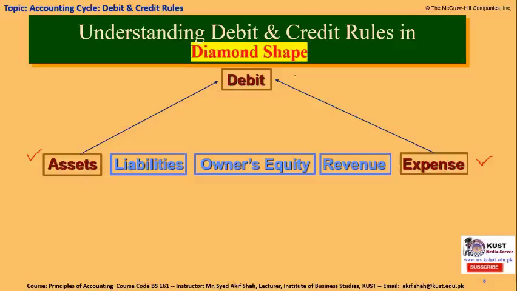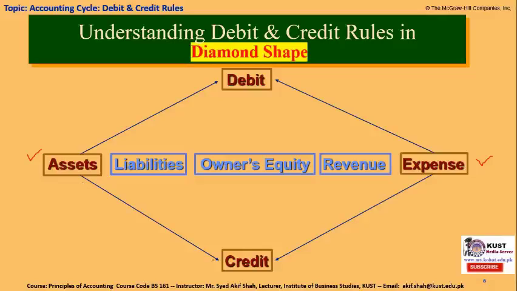a debit entry. And when there is a decrease in assets, like there is a decrease in cash because you are going to pay out your utility expense, you have to record that cash amount into the credit entry.